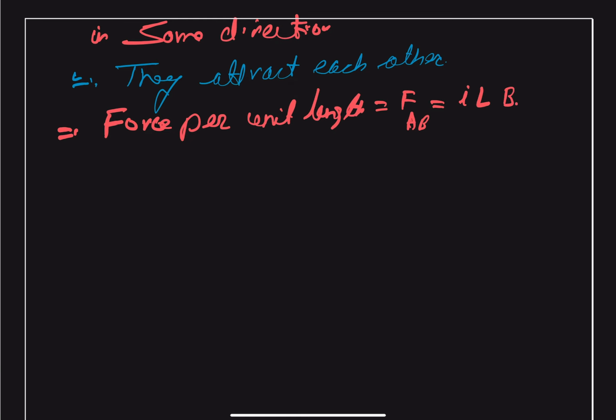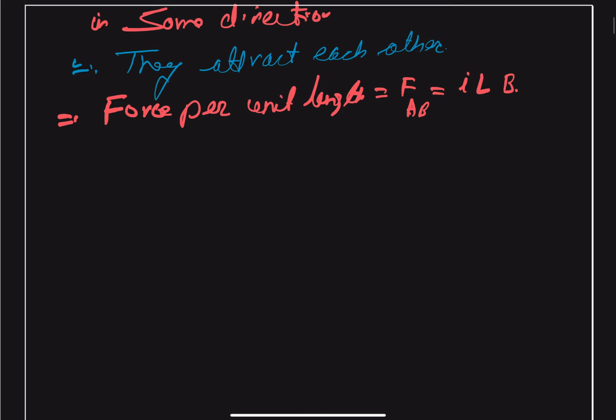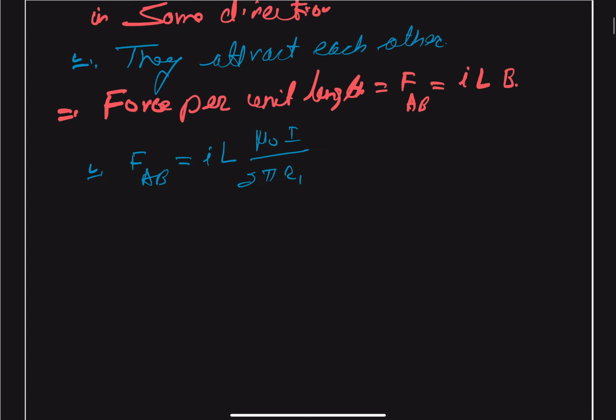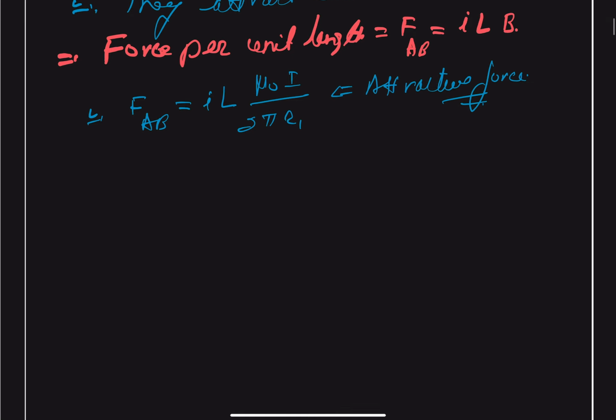We substitute the value of the magnetic field, and here the distance is R1. So the force on AB will be equal to IL mu naught I upon 2 pi R1, and this will be an attractive force. Now let us find out the force for the farthest one, which is our CD.